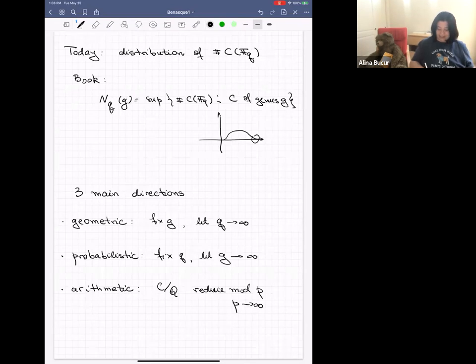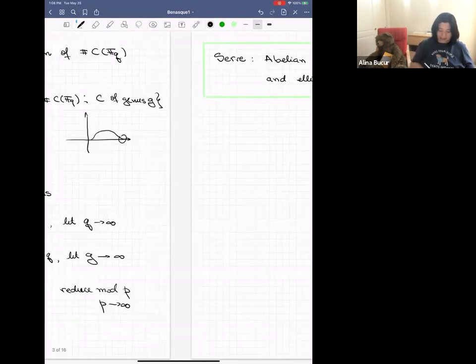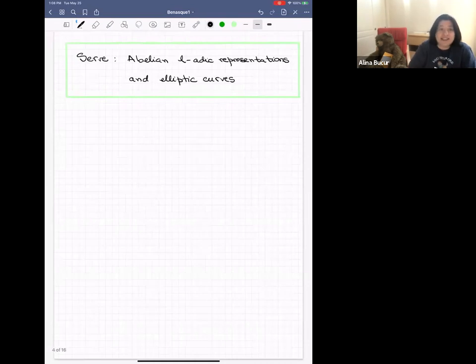So before I start, I have to explain how this all starts with a work of Serre, namely his book on abelian l-adic representations and elliptic curves. This was extremely influential. I believe the first edition, or possibly the notes that the first edition was based on, dates to 1968 at the latest.